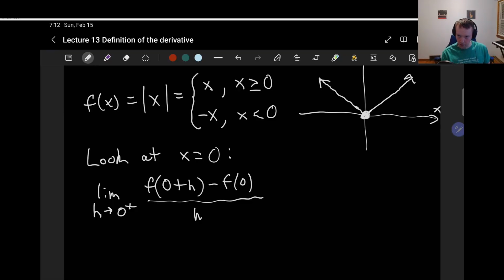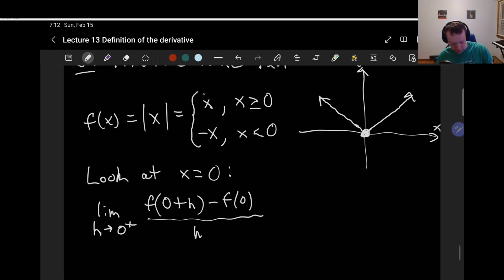Now, note here, we're going to use in particular this expression, and the reason why is because of h itself. H is approaching 0 from the right, which means that h is positive. That means this 0 plus h is positive.